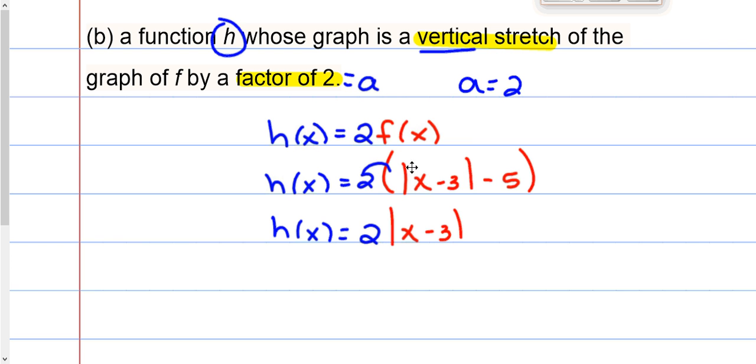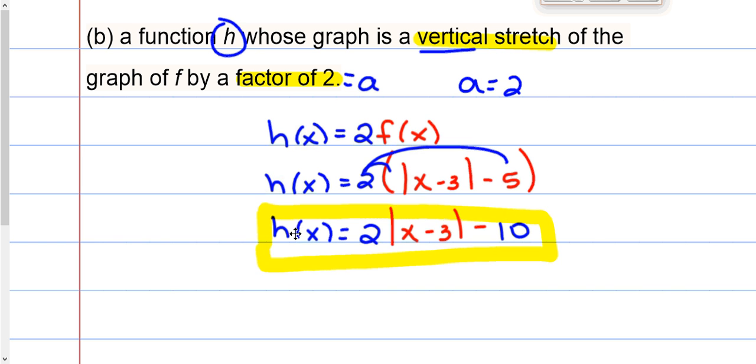Then I'm going to multiply this 2 by this 5 on the end. So I have my minus, and then 2 times 5 is 10. And that's all I can do, because I've simplified everything. And there's my new function. It is a vertical stretch by a factor of 2.